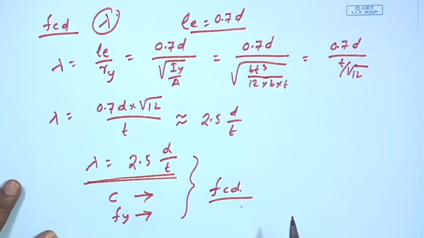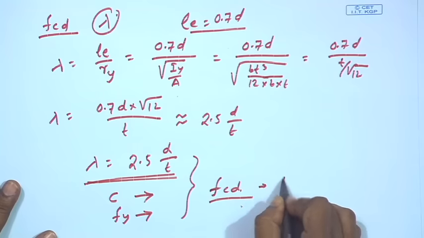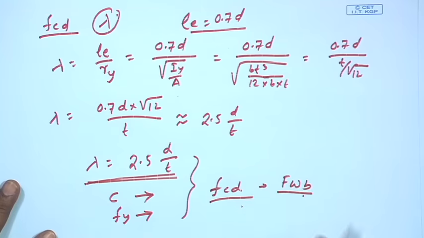Once we find the fcd value, I can find out Fwb, that is the web buckling strength. Now, we will discuss the web crippling.